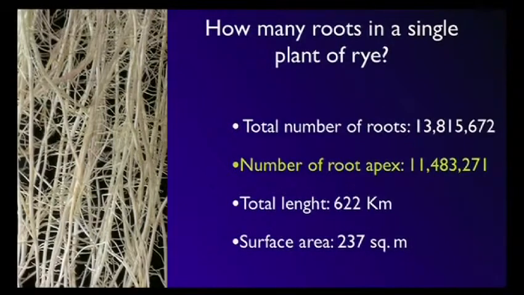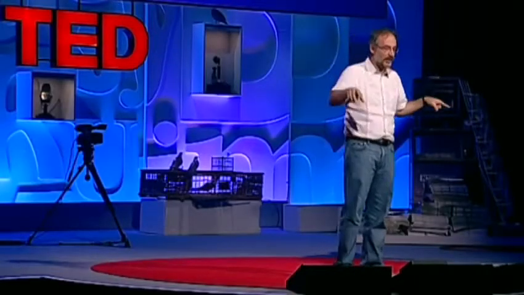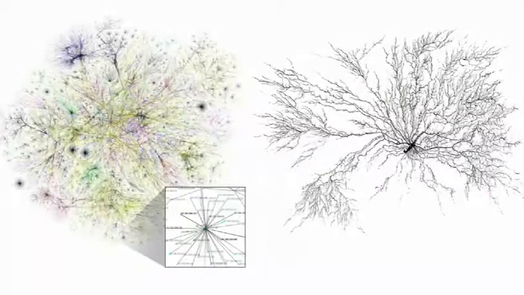Now let's imagine that each single root apex is working in a network with all the others. Here we have on the left the internet, and on the right the root apparatus. They work in the same way. They are a network of small computing machines working in networks.